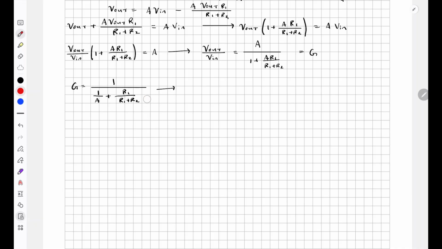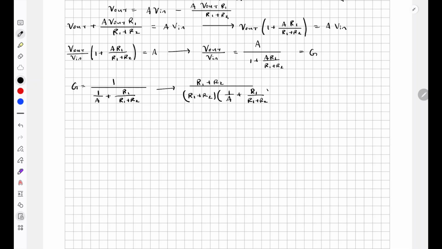By doing that, we get R1 plus R2 divided by R1 plus R2 multiplied by the denominator.